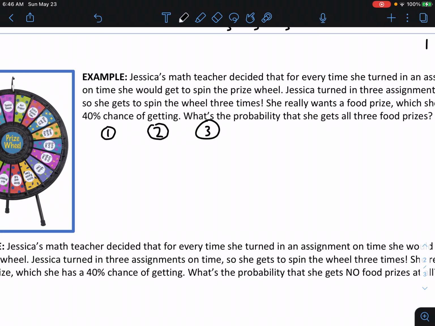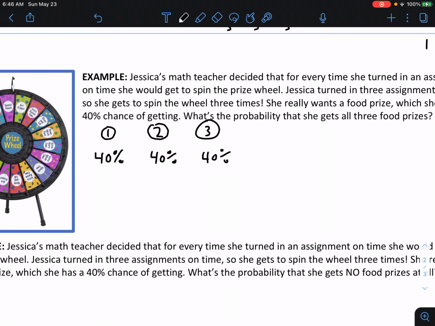The probability of spinning a food prize the first time is 40%. The probability of spinning a food prize the second time is still 40% because it doesn't change. The probability stays the same. And the probability of spinning a food prize the third time is still 40% again.